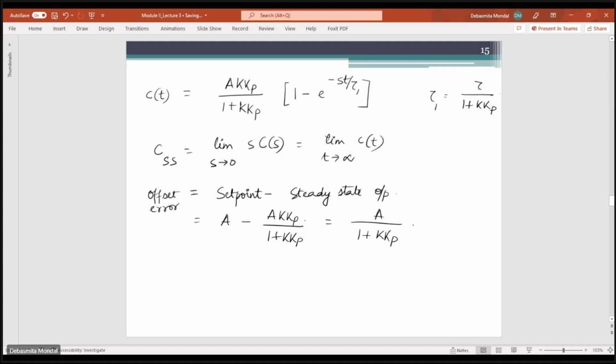The steady state output of the system will never be able to reach the set point using only a proportional control. But here you see that if you increase the value of Kp, the value of offset will decrease, but then this might lead to higher oscillations in case of higher order systems.